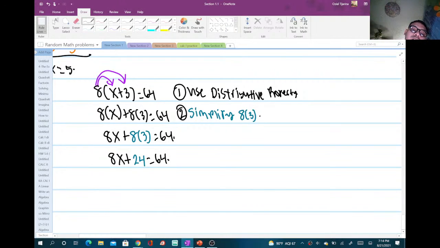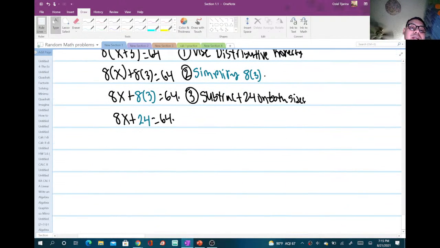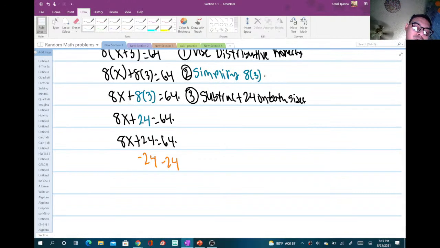Okay, so then that is what that is, and then you're going to do number 3, subtract 24 on both sides. If you rewrite this, you have 8x plus 24 equals 64. So you're going to subtract 24 on both sides, minus 24 on both sides.